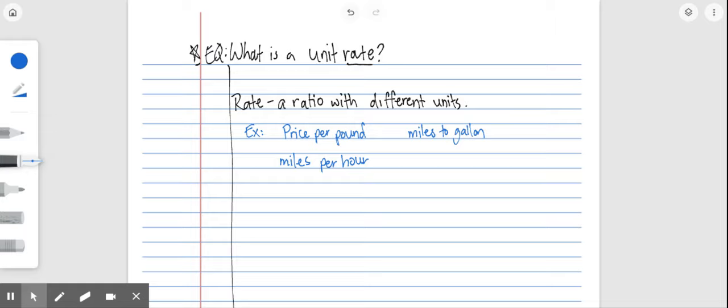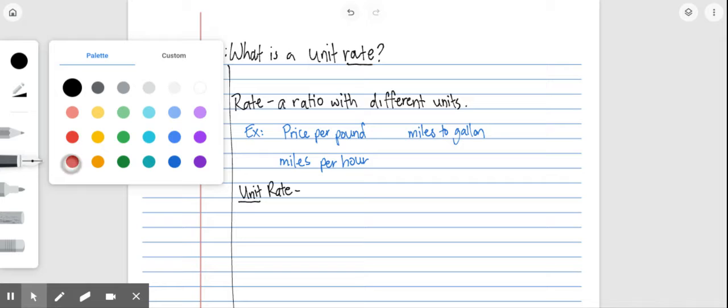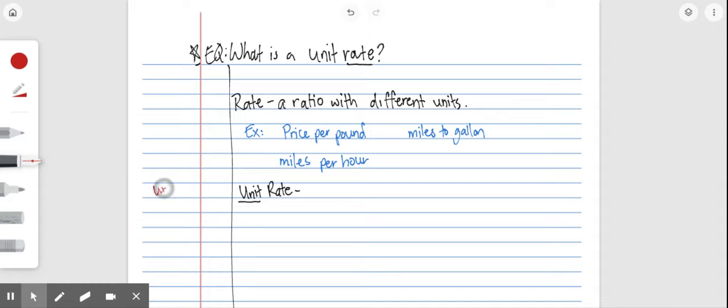So a unit rate has this word unit in it, which makes me think of words like unifix, unicycle, unicorn. What do all of those words have in common?